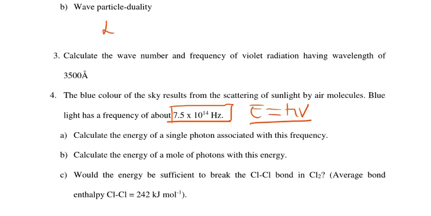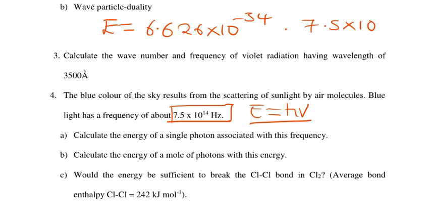So our energy is equal to Planck's constant, 6.626 times 10 to the power negative 34, multiplied by the frequency, which is 7.5 times 10 to the power 14. Okay, so we're going to have the energy of a photon in joules.